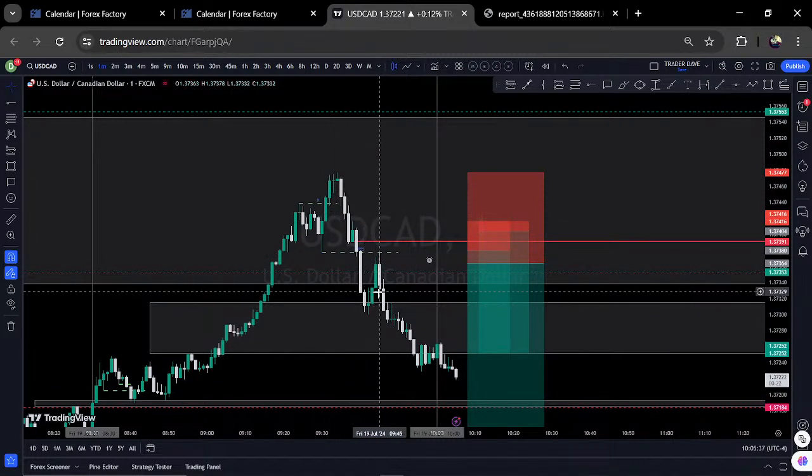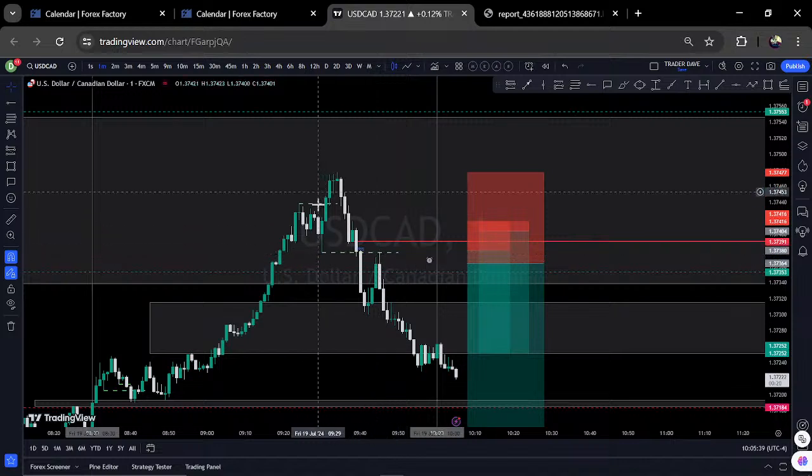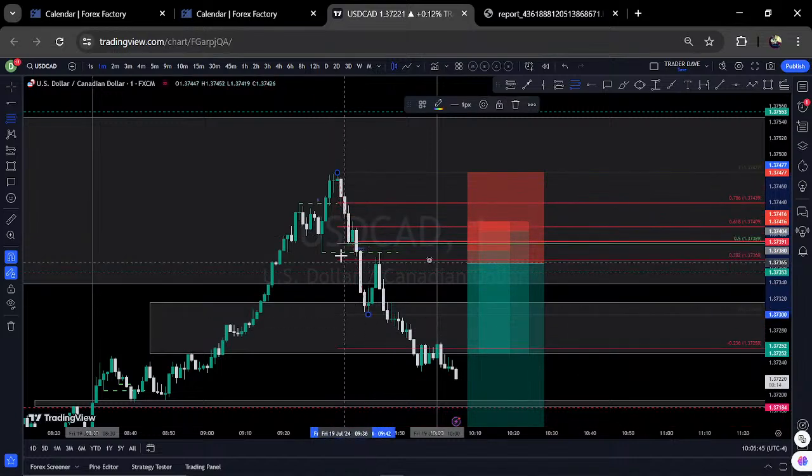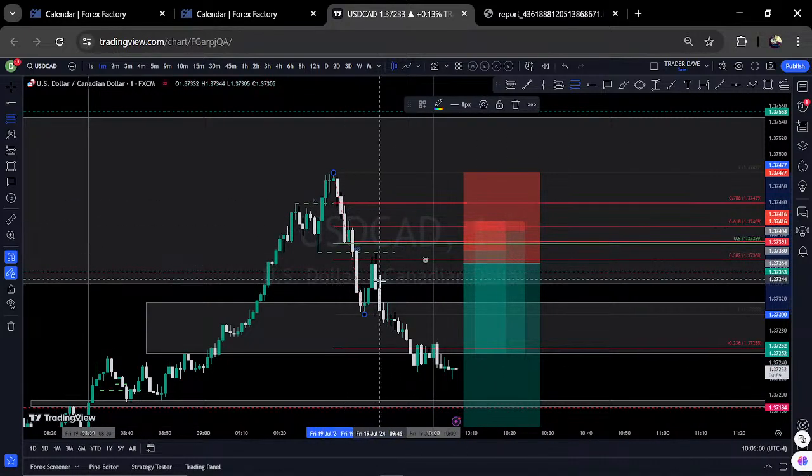We already tested this breaker block here, but we didn't get up to the 50% of this impulse. We only went down from this 0.382. We didn't get down from this 50 because this is a premium level. So I expect it to come up to this place and then go down.